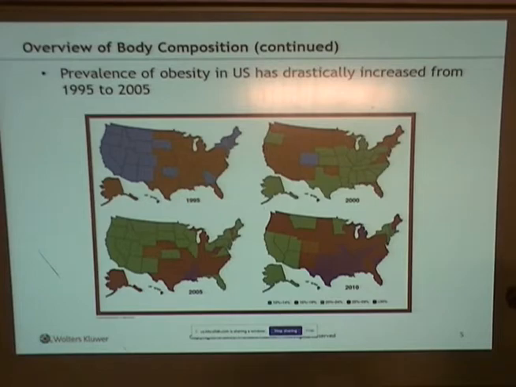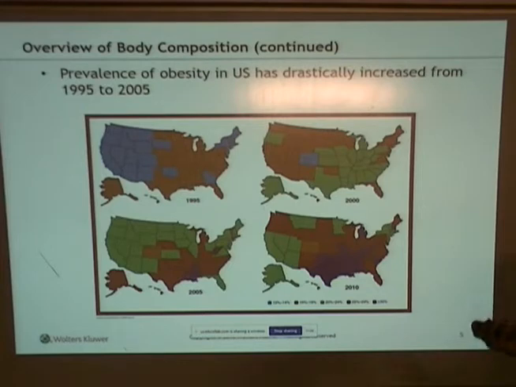Only Colorado, out of all the states, still had, just 5 years later, still had obesity prevalence of 10 to 14%. No one else, right? And we have a new category by 2000. The green category is prevalence of 20 to 24% obese adults in the state.